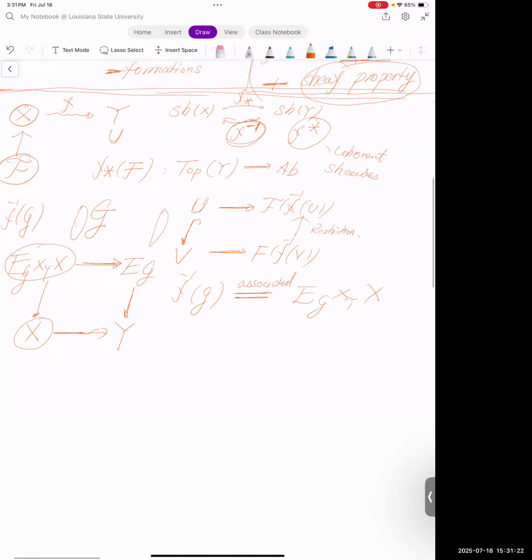Okay, and you can also check that they are adjoint to each other. There's a natural isomorphism between the Homs.